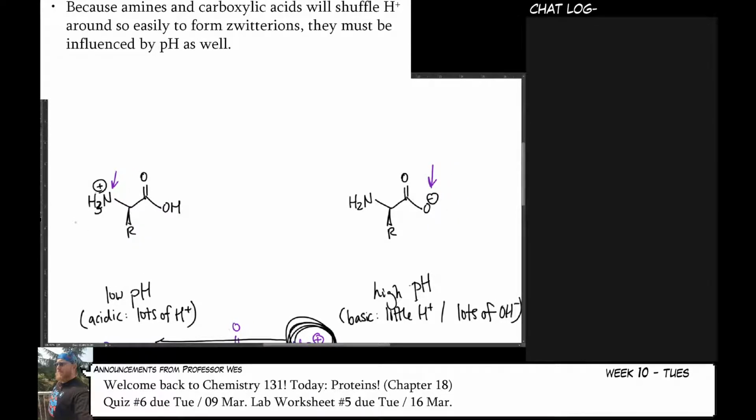Now, somewhere in between here must be this zwitterion. So if low pH, I can't actually draw there because there's a window in my way. If low pH is some number and high pH is some number, there must be some intermediate pH where both ends have our charge and we get our zwitterion.